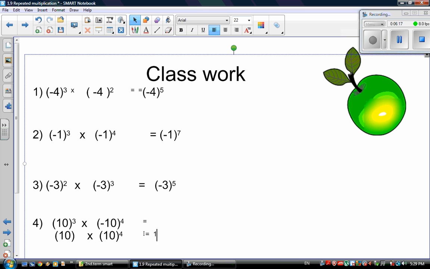You can write 10 to the power 3 times 10 to the power 4, so we can add 3 and 4. Here we can write power 7.